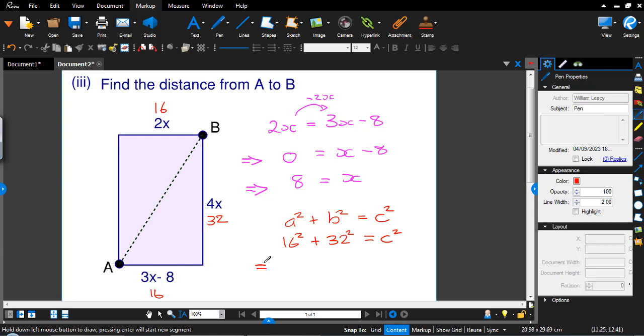Well, 16 squared is 256. You do this on your calculator anyhow, but there's a fast way. 32 is double 16, so if you square it, it's going to be 4 times bigger, right? So 4 times 250 is 1,000, and 4 times 6 is 24. So it's just 1,024. But you can do it on your calculator, it doesn't matter.